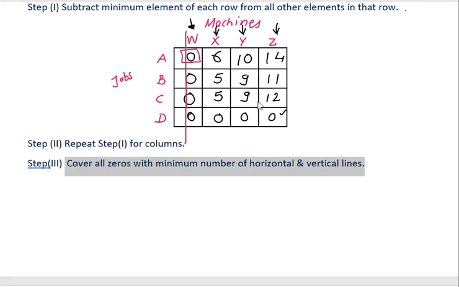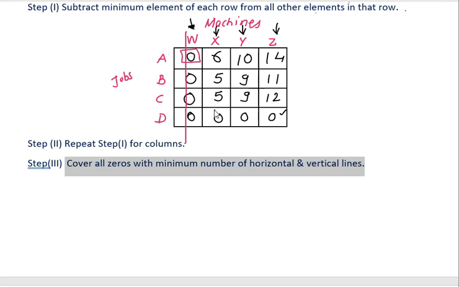Then the second row does not contain a single zero. The third row does not contain a single zero. The fourth row does not contain a single zero. Now consider columns. In the first column, an assignment is already made.